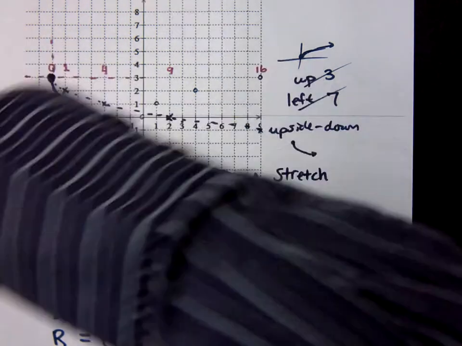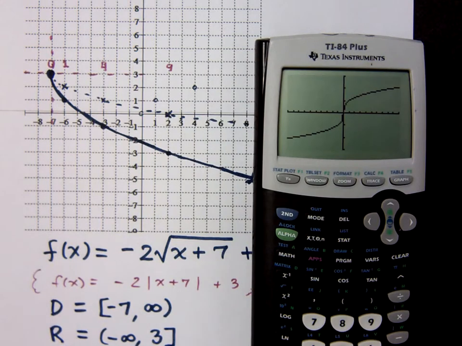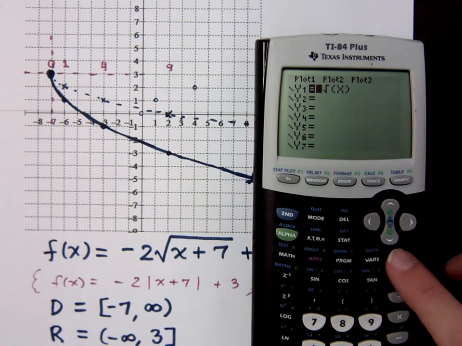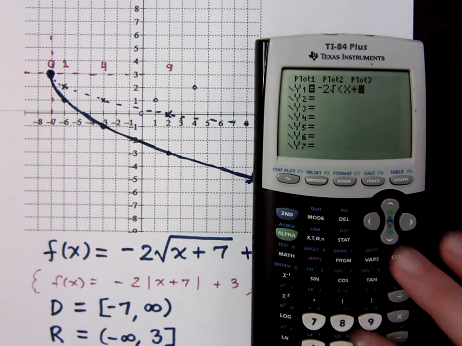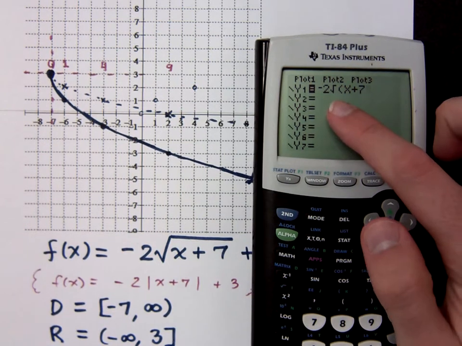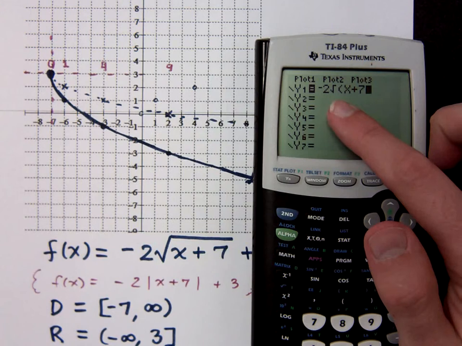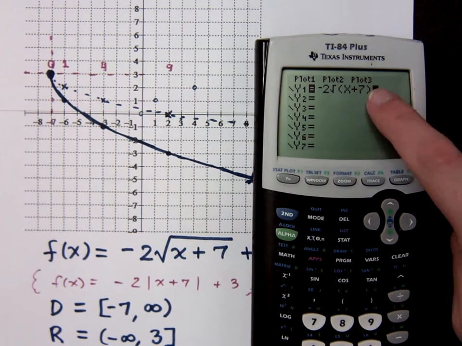Of course, if you're not sure about things, check out your calculator. If I were to graph negative 2 times the square root of x plus 7, and notice, this open up parentheses. Some versions of the calculator don't have parentheses to open here, so you always be mindful of that. Close them off, and then plus 3.